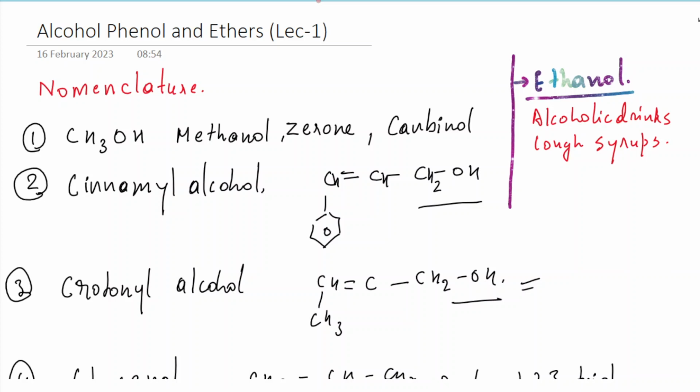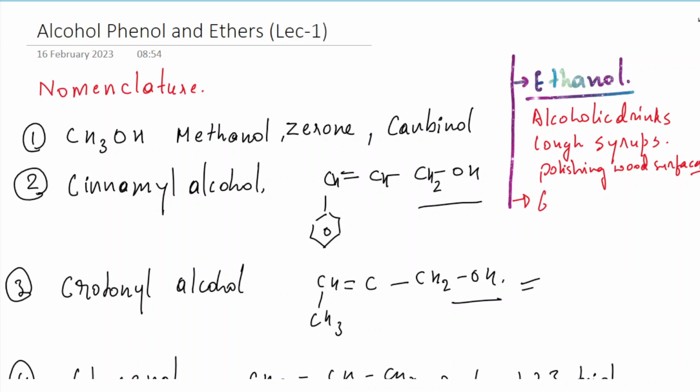It is used as a solvent, and it's also used for polishing wood surfaces. So there are different uses of ethanol, and it is one of the compounds which causes addiction too, so its use as alcoholic drinks must be avoided.